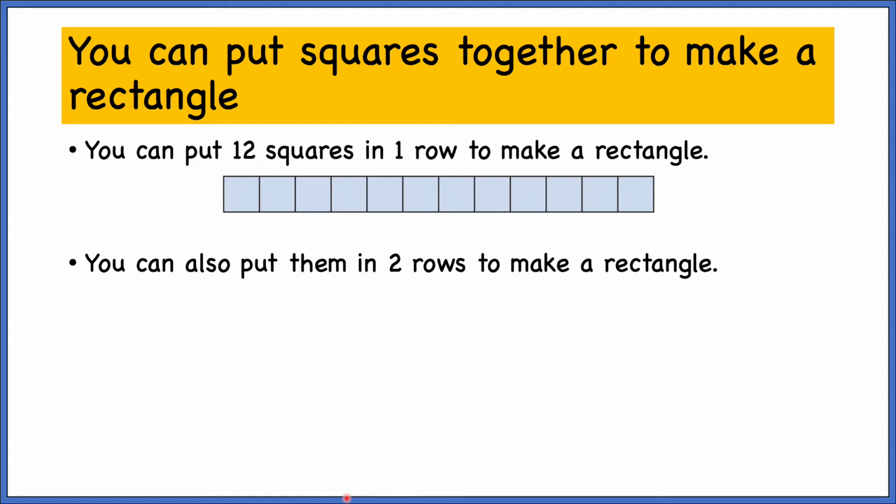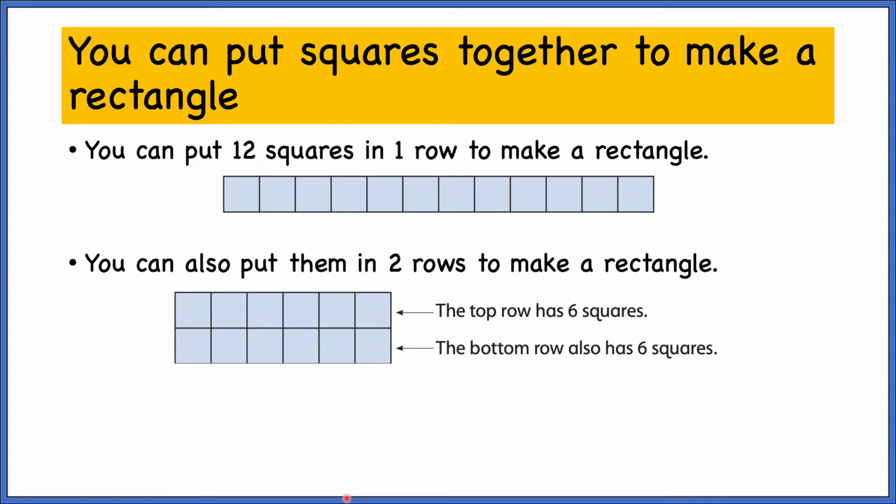You could also put them in 2 rows to make a rectangle. You still have 12 squares, but now they are arranged in 2 rows of 6. So 6 squares in the top row and 6 squares in the bottom row.